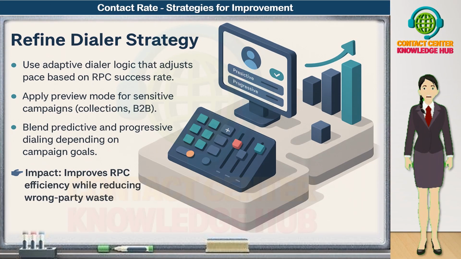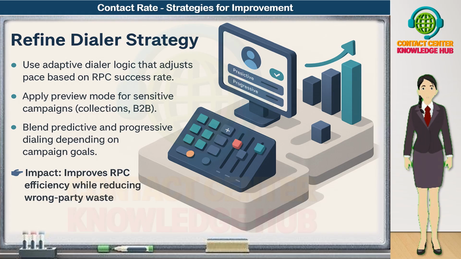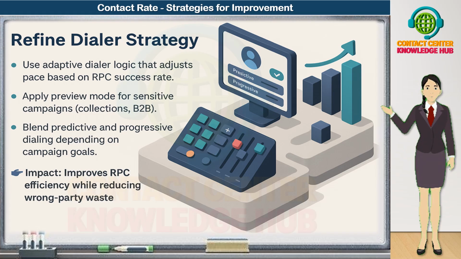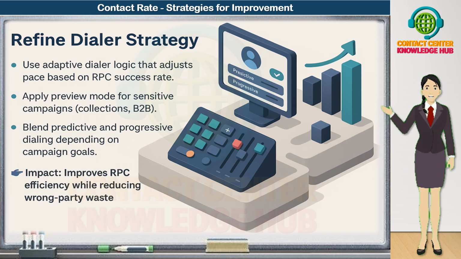Let's now discuss how to refine your dialer strategy, one of the most effective ways to strengthen contact rate. Your dialer isn't just a system, it's a strategic lever. To make it work smarter, use adaptive dialer logic that automatically adjusts its pacing based on your contact success rate. When the dialer detects higher answer rates, it can speed up. When contacts drop, it slows down, keeping productivity balanced with quality.